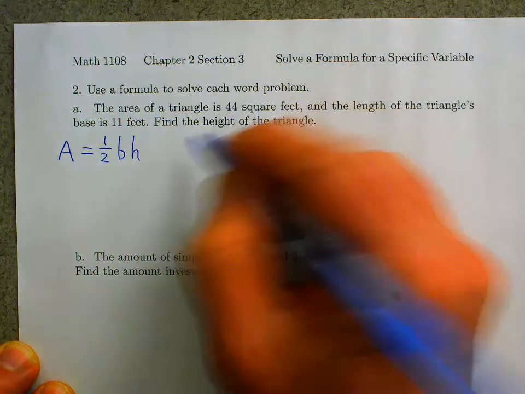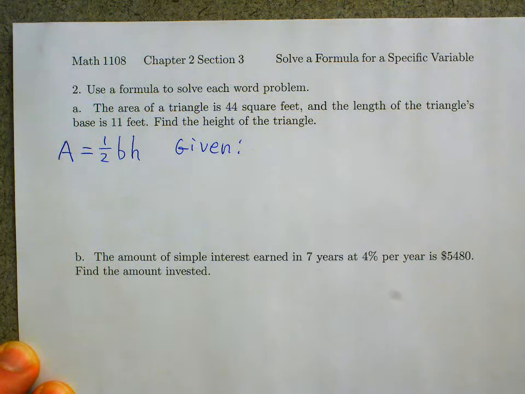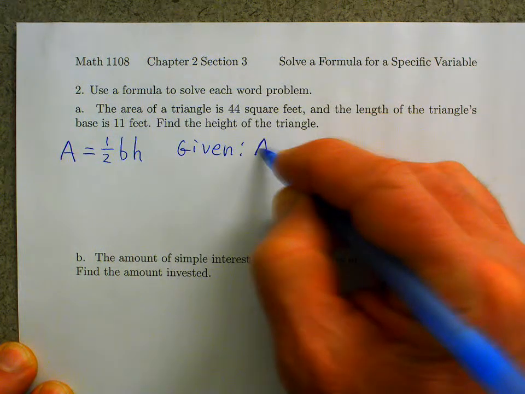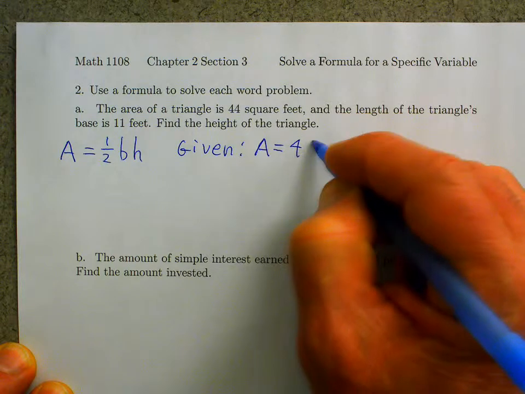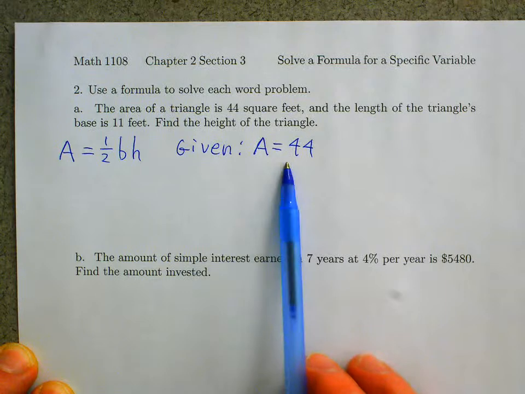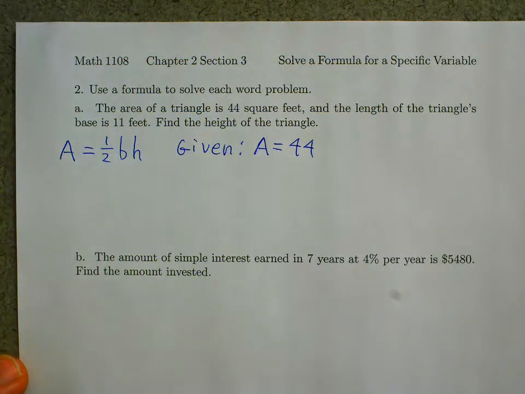Hey, what are we given? We're given the area of the triangle. We're given that the area is 44 square feet. But in our work, we'll just write A equals 44 for now. We won't bother writing the square feet units because we're just doing computations right now.